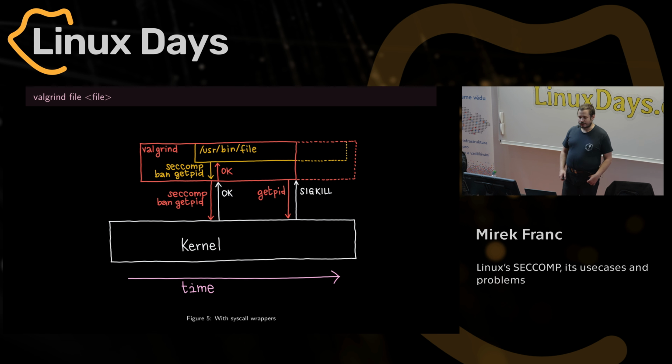Now what happens is, it turns out we didn't help ourselves much, right? Because okay, we implemented, say, this SECCOMP syscall, instead of that time one I had on the slide.